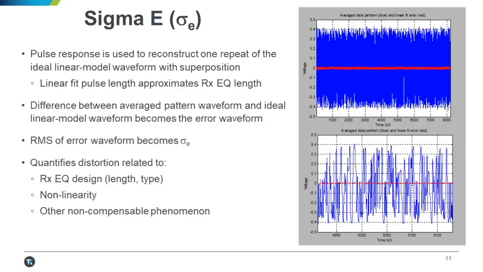Another interesting comment on the linear fit pulse is that it approximates the RX equalization reach. However long you let the tail of the pulse response be can map to the number of taps in your DFE, at least that's the way it's been viewed within the IEEE sphere.